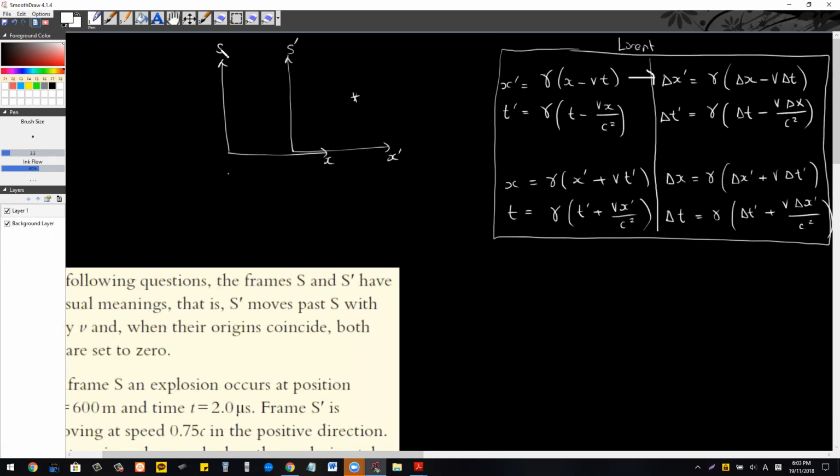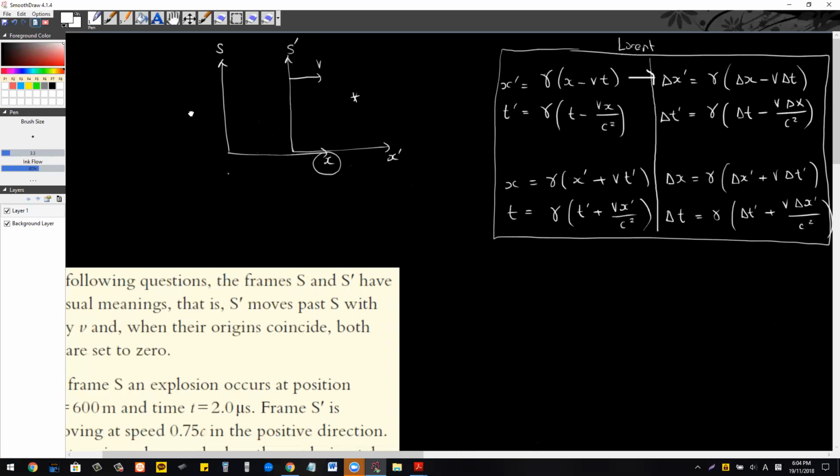The S frame is stationary, and the S dash frame is moving to the right at velocity v, which could be like 0.6c. That's the velocity of, for example, a spaceship. x is the x coordinate in the S frame, and x dash is the x coordinate in the S dash frame.